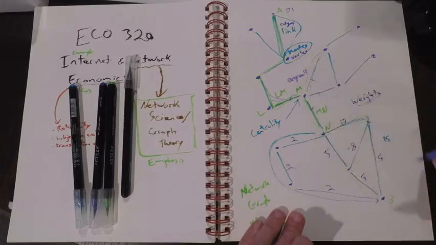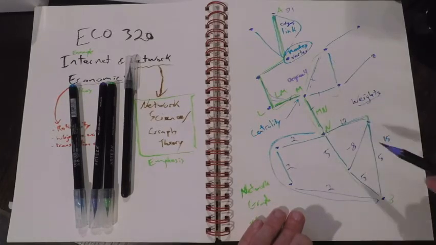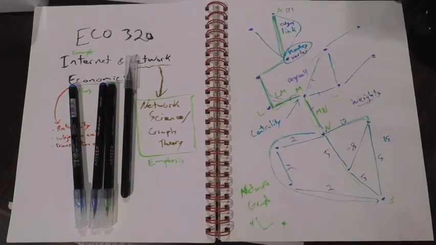M has 4 links, so it at least is potentially more central. Now, I think M and N both have the highest degree in this particular network, which, like I said, I just made up. I just drew some points and started linking them together randomly. Maybe not randomly, but randomly enough.